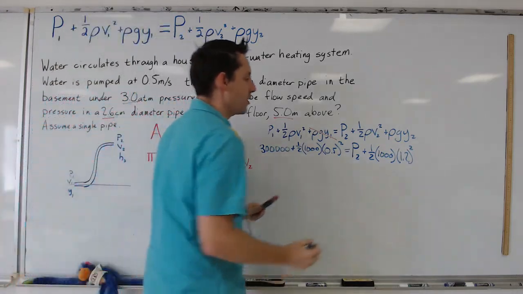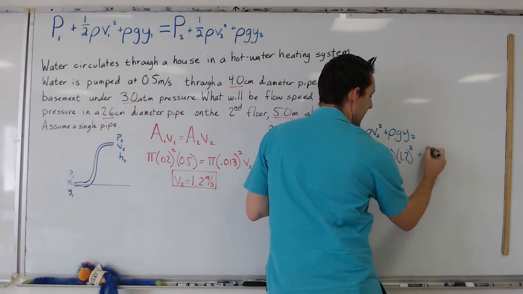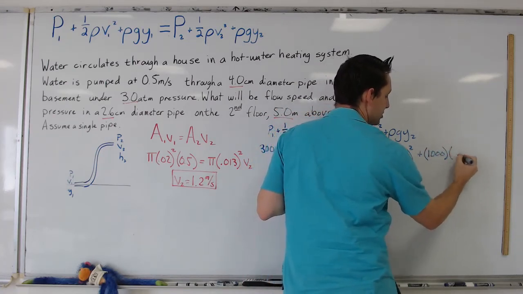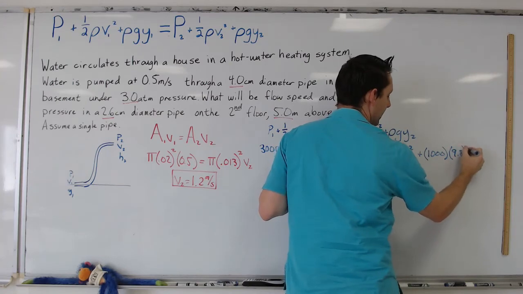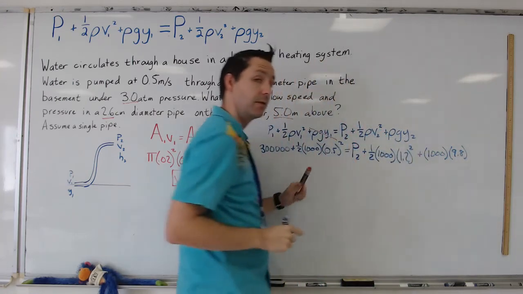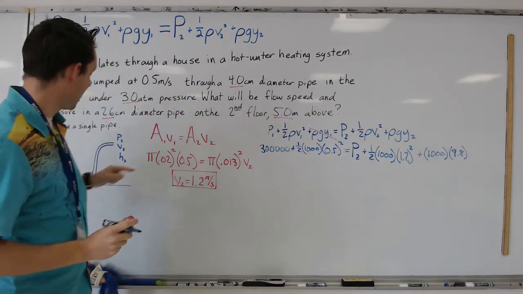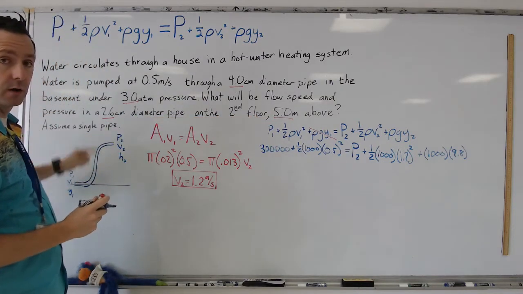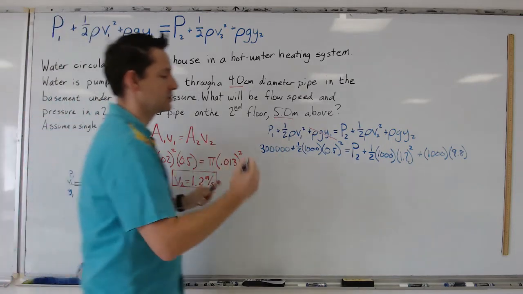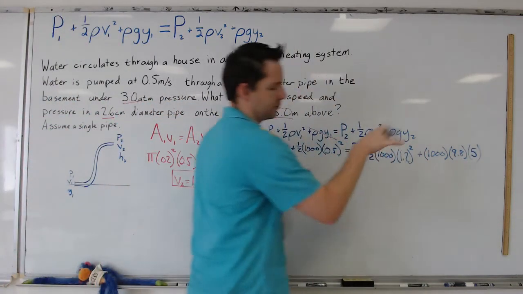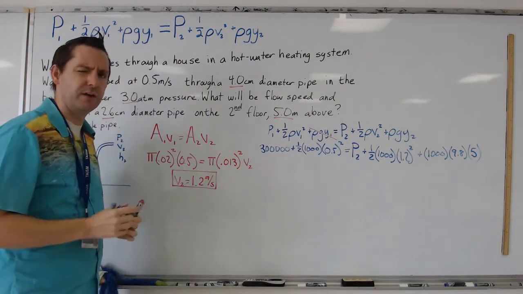All right, and then we have plus, again, the density, 1,000, times g, which is 9.8, and then times the height, which is what it told us right here, that it's 5 meters above where it was in the basement. And so we'll go ahead and put the 5 in there. Okay? Again, I'm just going to write 5. I know it's 2 sig figs.